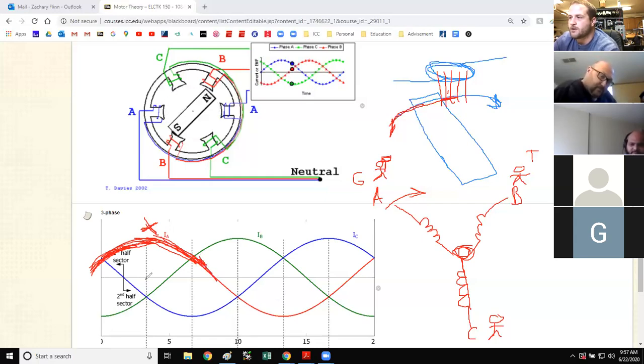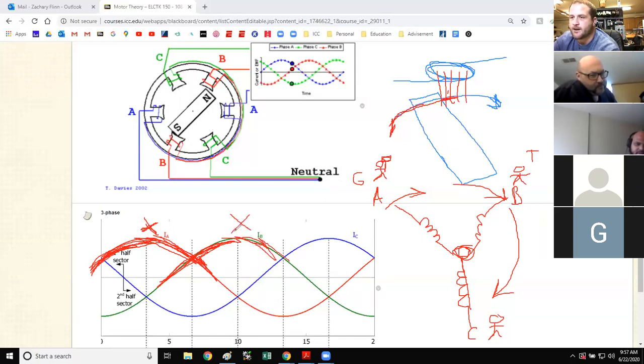And now we're starting to approach phase B, which is Tyler. Okay, so now Tyler's getting amped up. He's getting pretty crazy with his current and his winding. And it reaches the peak of his current right here. And Tyler hits it with a hammer. Okay, then we're going away from Tyler.